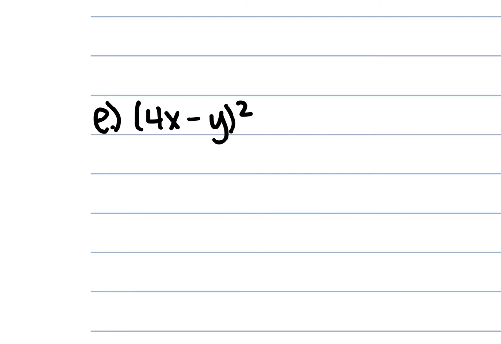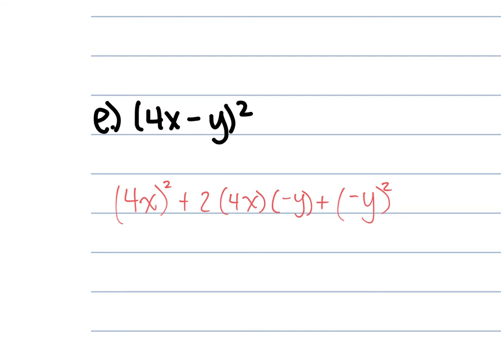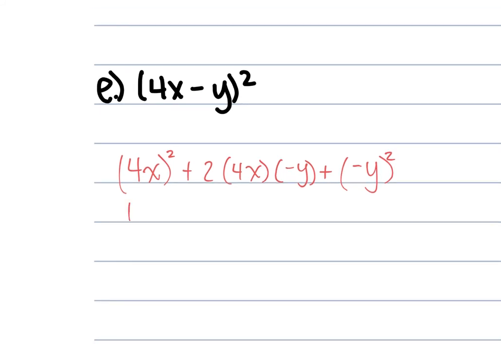For E, you should have taken 4x and squared it. You should have taken -y and squared it. Then you should have had in the middle 2 times 4x and times -y. You guys with me? Yeah. What's 4x squared? 16x squared.